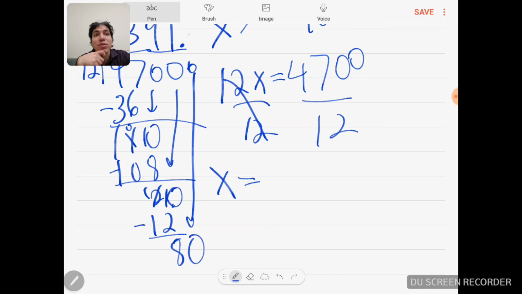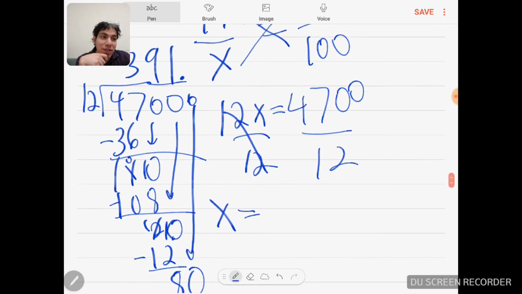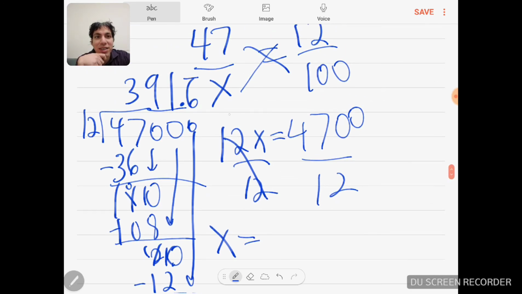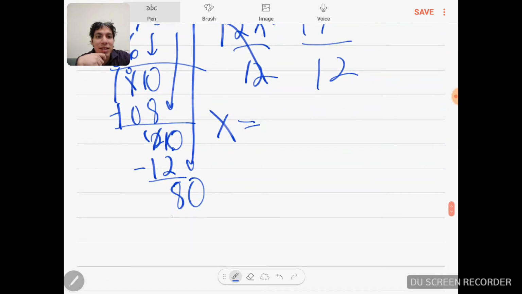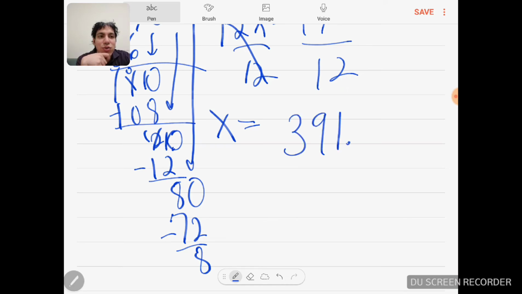I bring down the 0. Now from here on in, it's going to repeat with 6. Why? Because 6 times 12 is 72, and then it keeps repeating from there on in. So my answer is 391.6 bar for that problem.